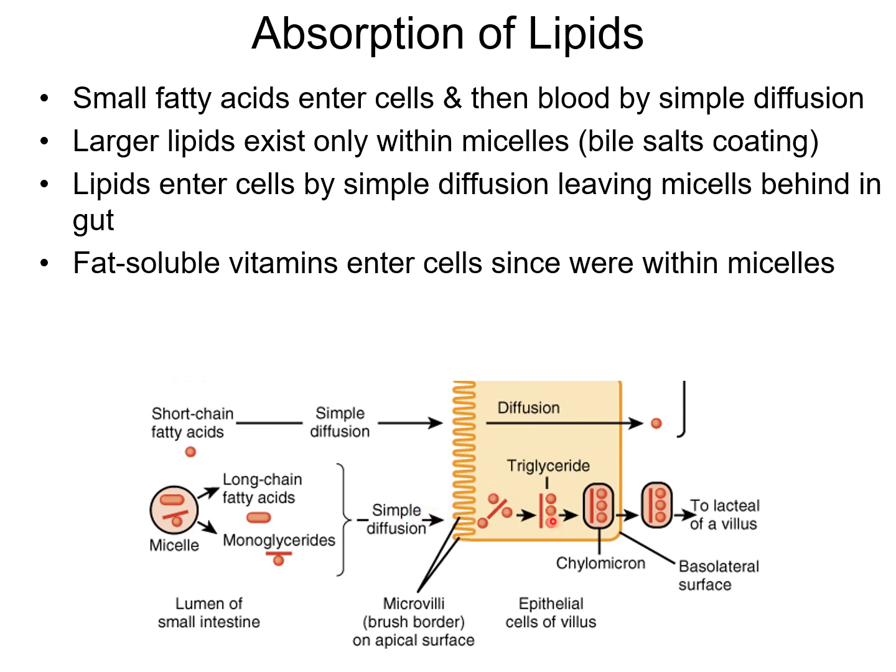What happens inside the cell is totally unprecedented, because the absorptive cell takes fatty acids, monoglycerides, or glycerol, and reconstructs triglycerides right here inside the absorptive cell, packages them into huge beach ball shaped structures called chylomicrons, and tosses the chylomicron out of the cell.